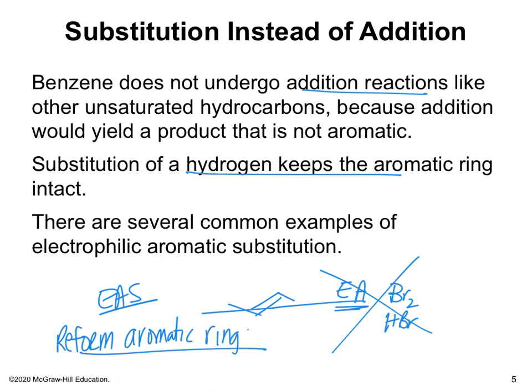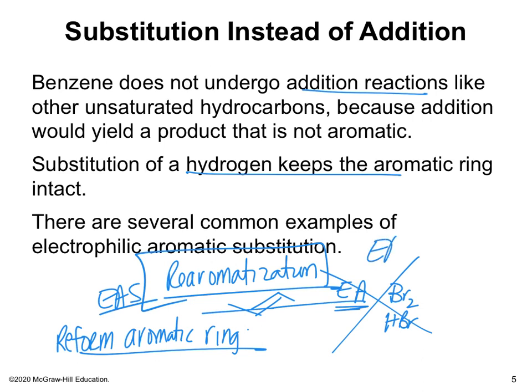It's very hard to break up the stabilization of the delocalized electrons of the aromatic ring. So we call this re-aromatization. It's going to re-aromatize, and that's why you get EAS. It's a thermodynamic sinkhole.